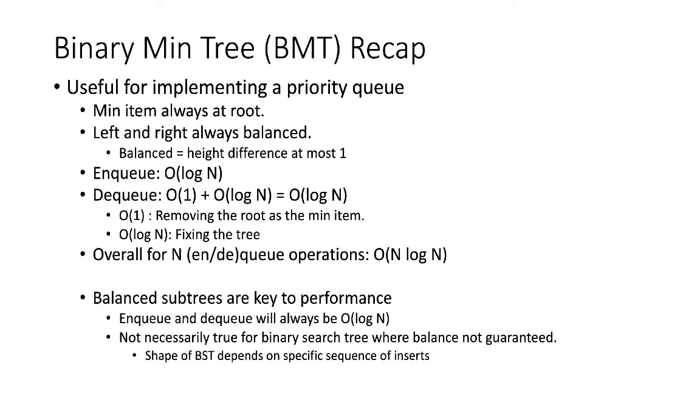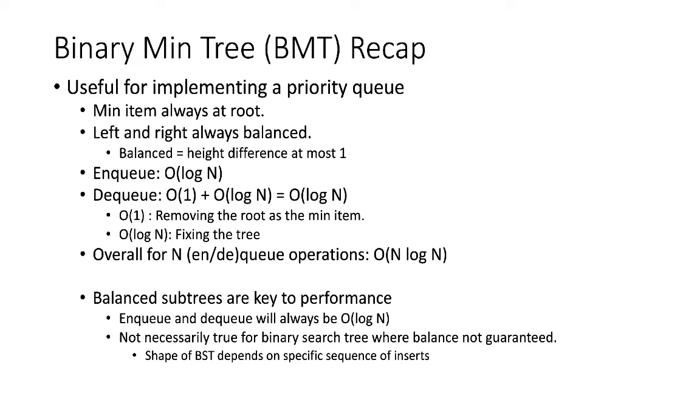So a priority queue, remember, we're trying to enqueue and dequeue items where each item is associated with some sort of priority, some sort of value, and whenever we take something out of the priority queue, we always want the smallest item. So we basically took the same approach that we did with the binary search tree, but we used different invariants.